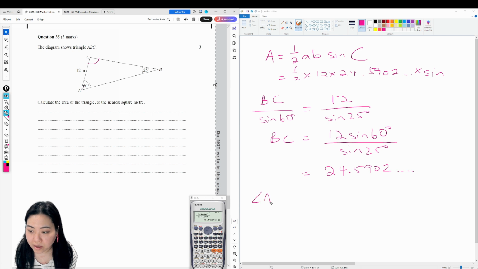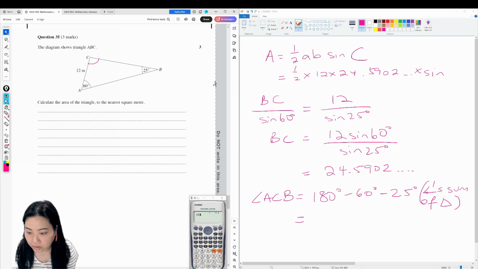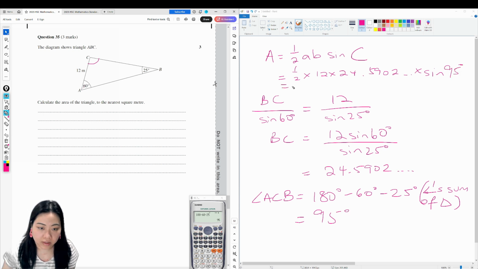So angle ACB is 180 degrees minus 60 degrees minus 25 degrees because angle sum of triangle. That is 95 degrees. We can put that up here. Now we can find the area.